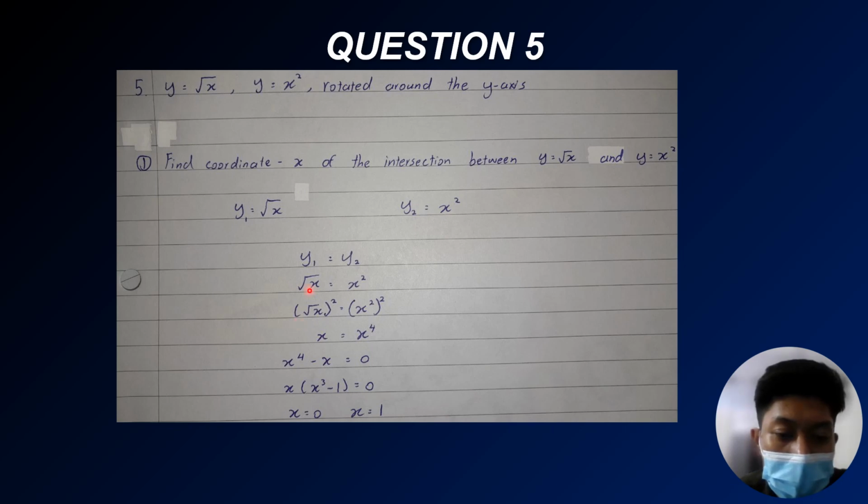Bracket square root of x, close bracket, power of 2 equals bracket x power of 2, close bracket, power of 2. So x equals x power of 4. x power of 4 minus x equals 0. x bracket x power of 3 minus 1 close bracket equals 0. And the final answer: x equals 0, x equals 1.